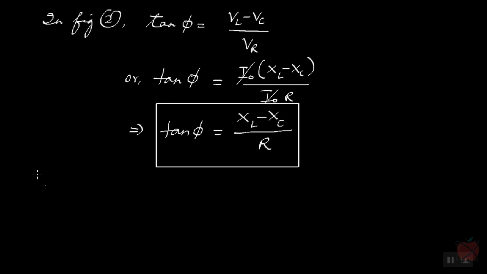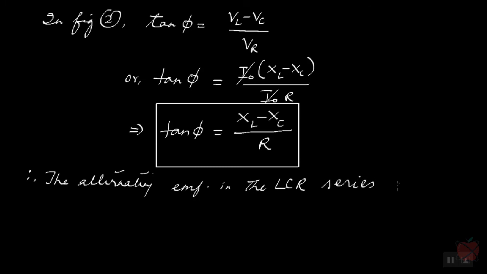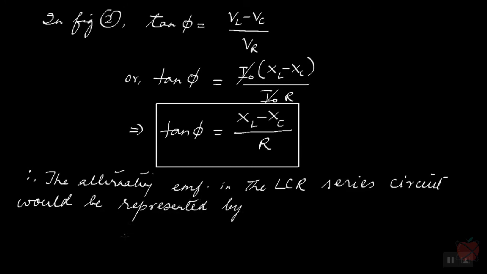Is that okay? So therefore, the alternating EMF in the LCR series circuit would be represented by E is equal to E naught sine(omega t plus phi).